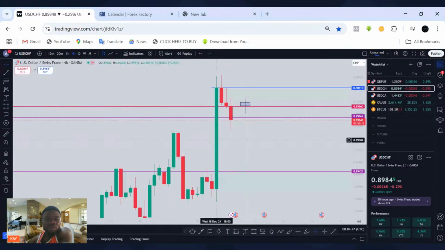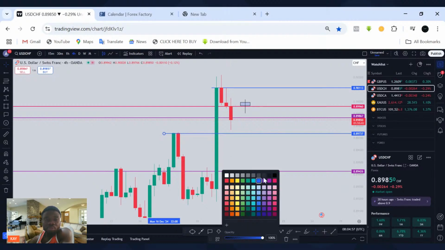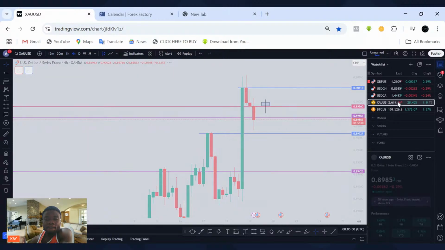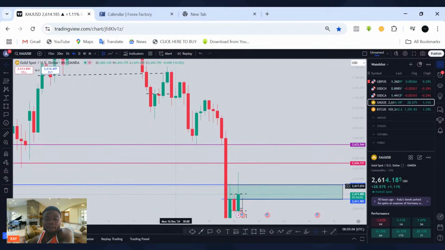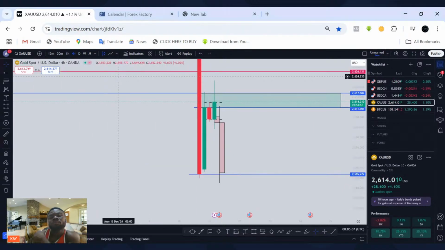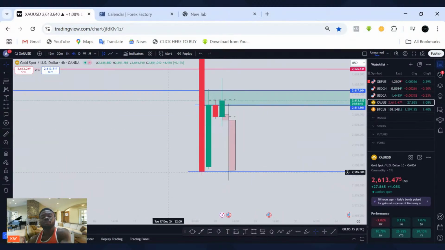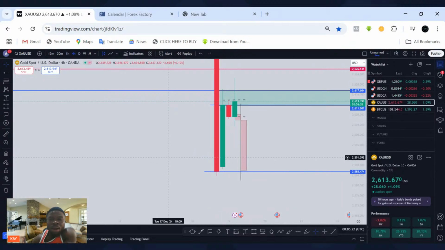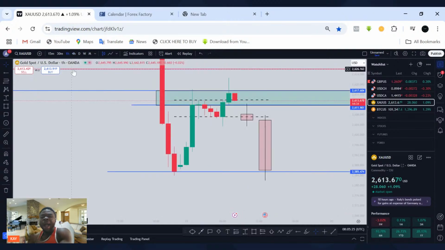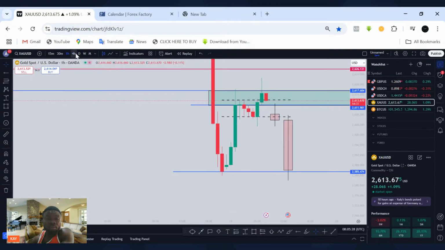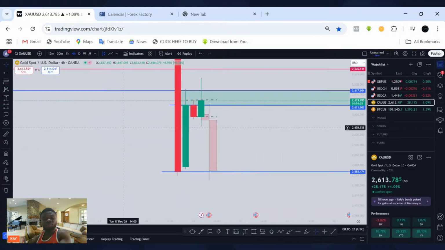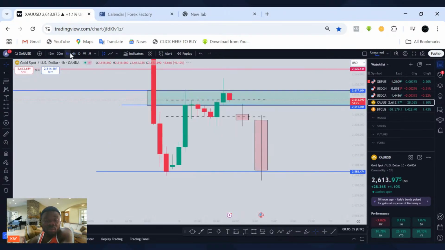So USD is also making a pullback. Gold will definitely flip and move down.